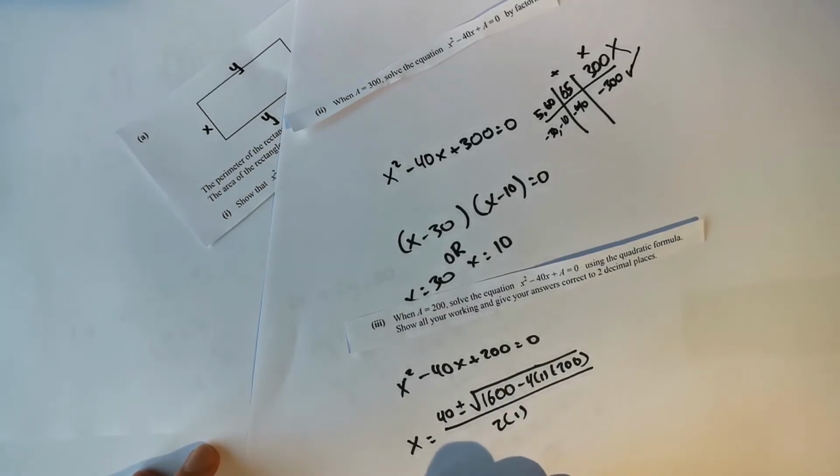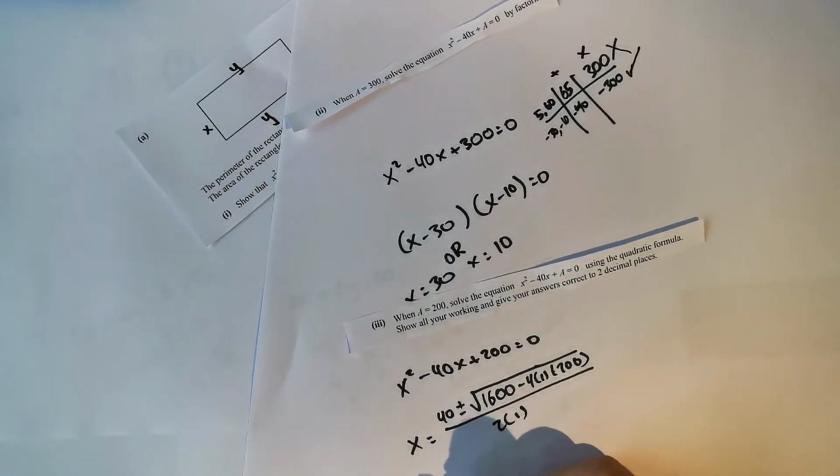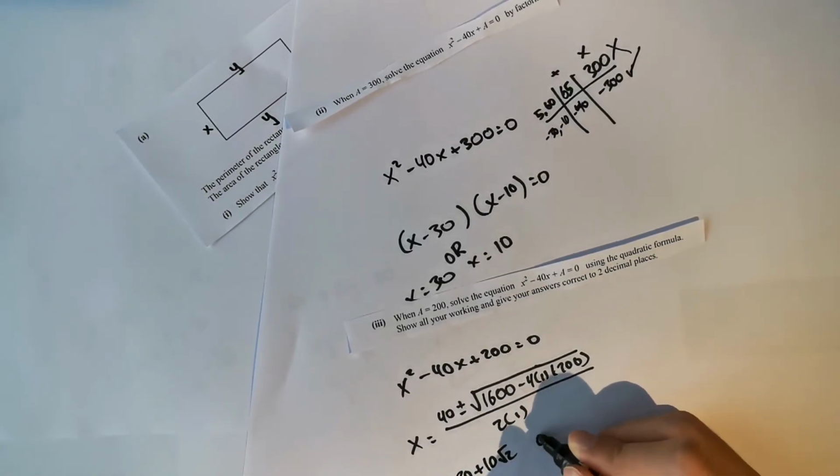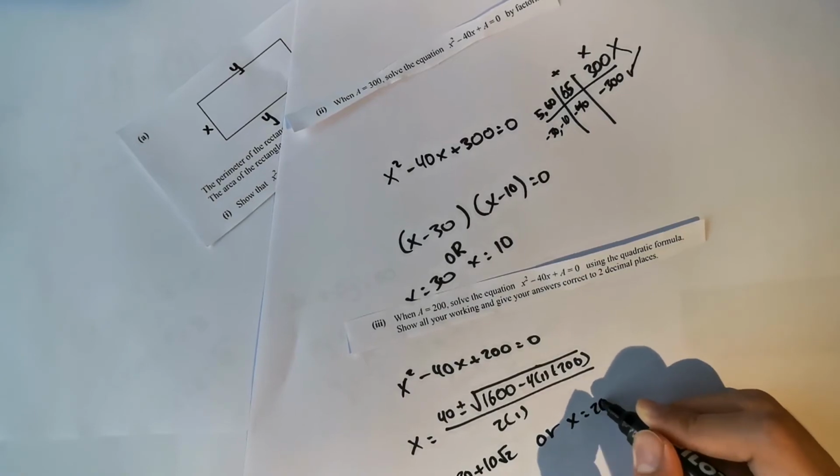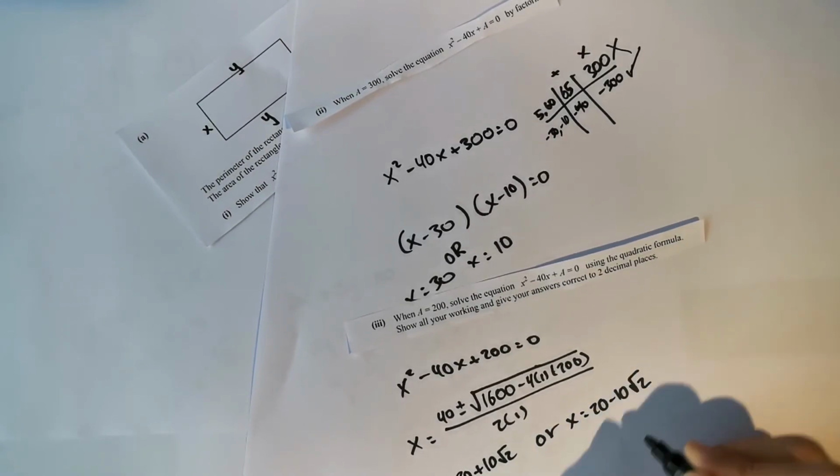So the two answers here are x equals 20 plus 10 root 2, or x equals 20 minus 10 root 2. These are the two answers.